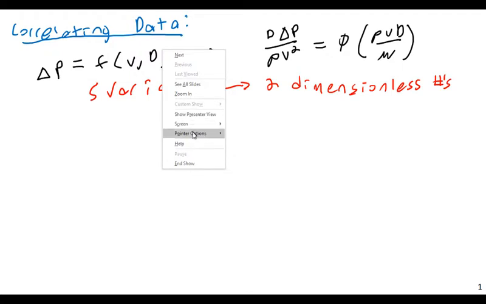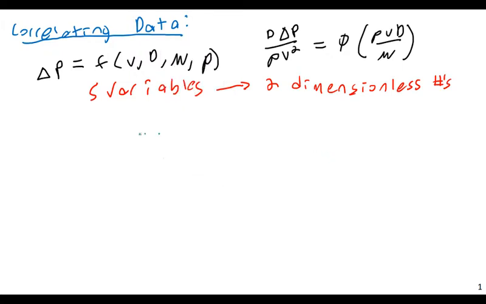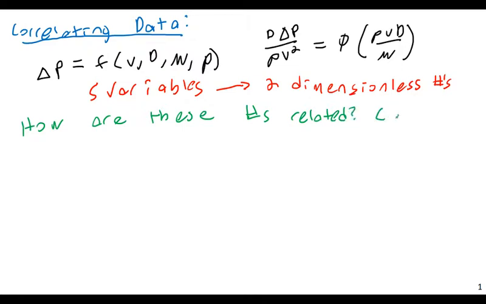But what does this actually mean? We want to know, how are these two numbers related? In other words, we need to correlate the variables.